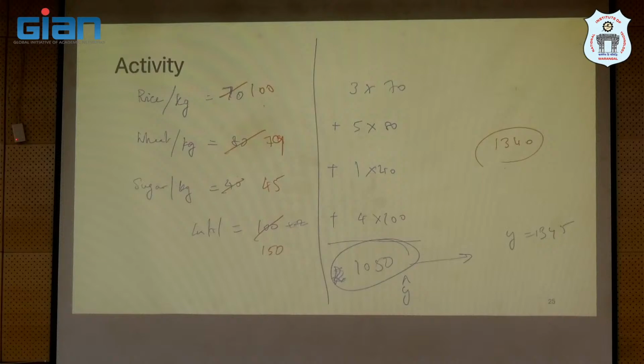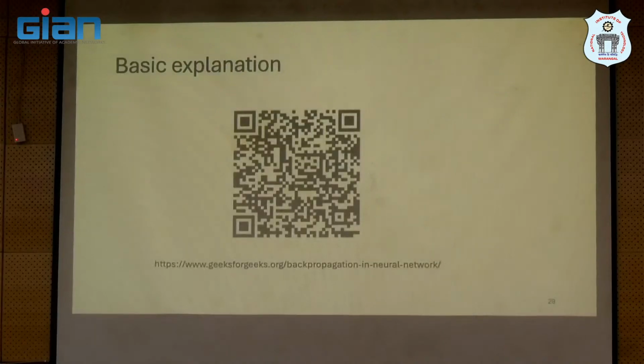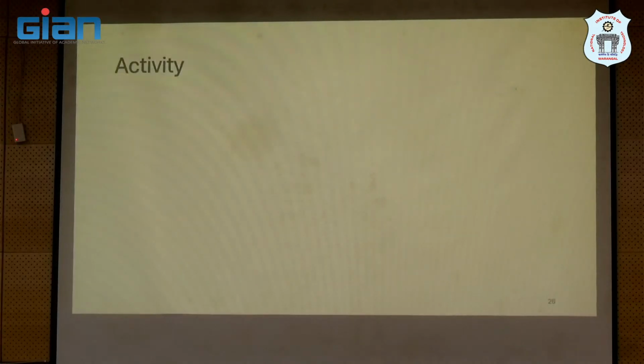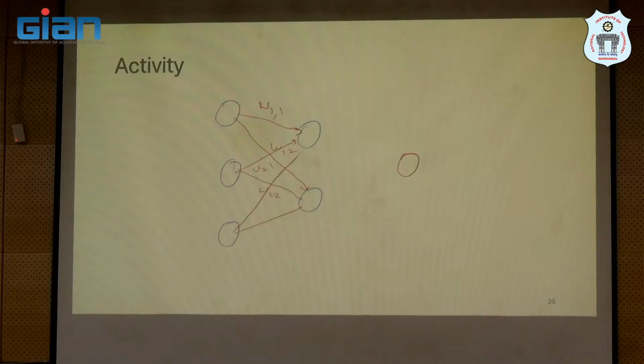You will have to change all the weights of the network. If you take a neural network, how many weights are there? W1,1, W1,2, W2,1, W2,2, W3,1 and W3,2.